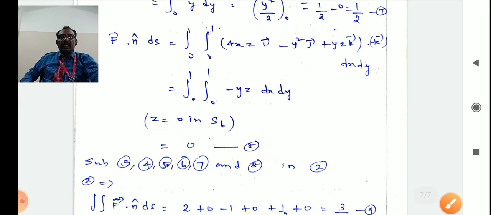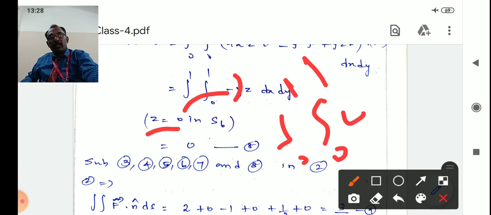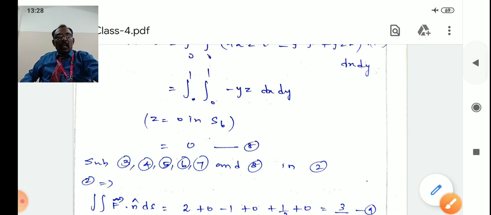In S6, surface number 6, very clear, this is the bottom surface, so z value is 0. So we apply z equal to 0 in this integral. So double integral 0 to 1, 0 to 1, 0 into dx dy. So we get 0. So along S6 the double integral value is 0, which is equation number 8.